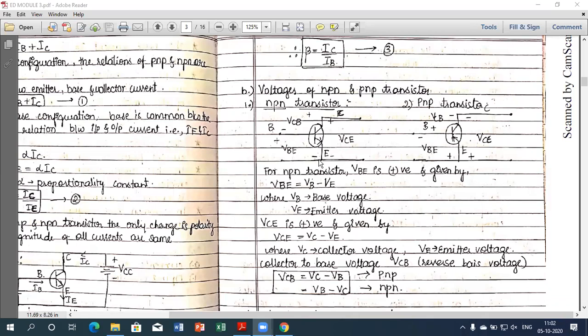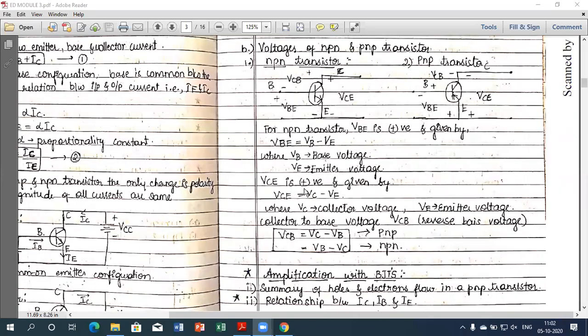The voltage between these two is VBE. Now look at VCE, which is also positive because collector to emitter is also forward biased. So VCE equals VC minus VE, where VC is the collector voltage and VE is the emitter voltage.